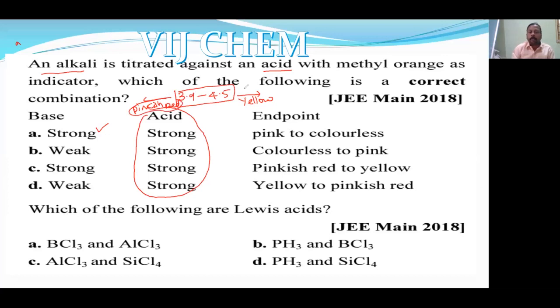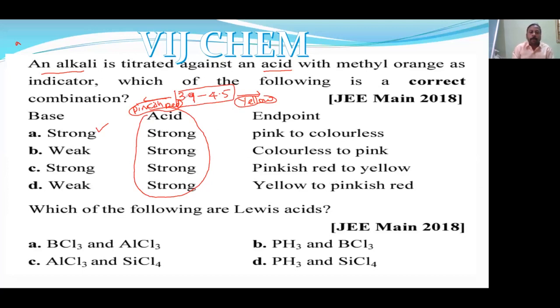This is about the indicator. There is a special lecture for the indicator. Those who are aspiring for IITs should definitely go for the indicator lecture. All lectures are separate: titration separate, mixture of acid and base separate. These values I have already given, and how to find the pH at equivalence point and end point, the differences, I have already given.